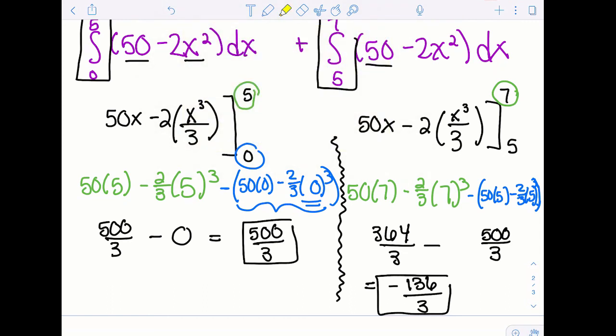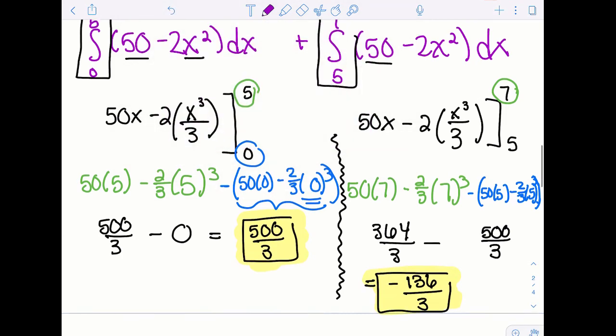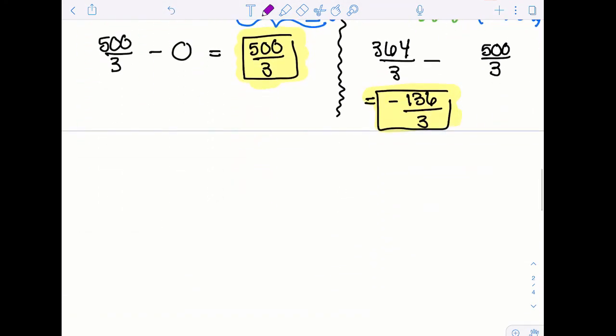So after evaluating the two separate intervals, you should get 500 over 3 and negative 136 over 3. These values are what we had expected: the first one we expected to be positive and the second one we expected to be negative. Our last step is to put these together to find the area.